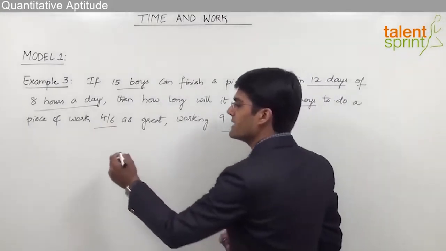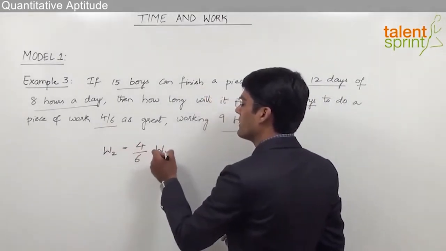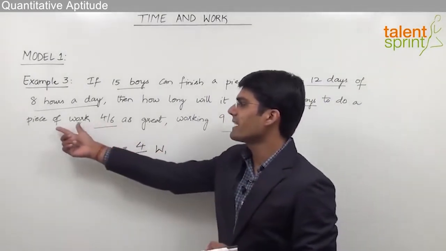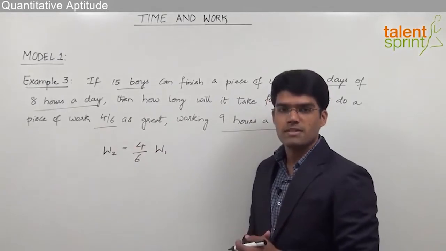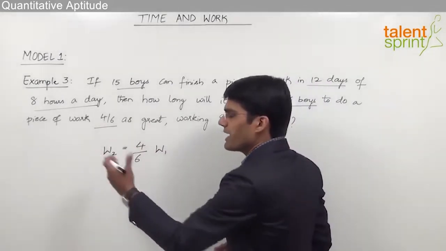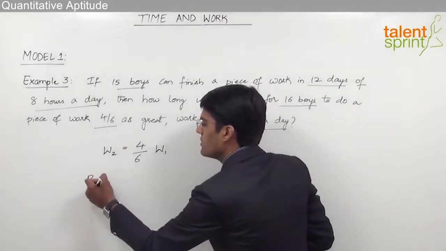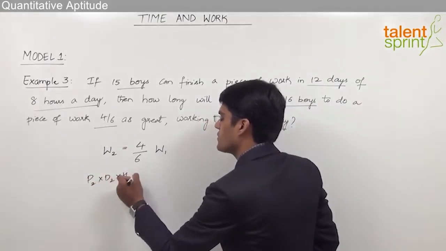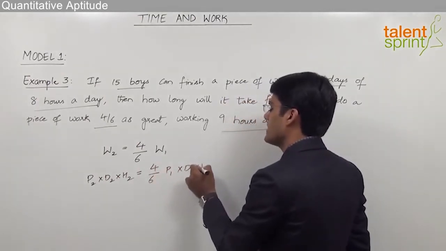So here we can say that W2 is 4 by 6 times W1, as it is given that the work done in the second case is 4 by 6 as great. That means 4 by 6 times the first work. Now W2 can be taken as P2 into D2 into H2. So P2 into D2 into H2 should be 4 by 6 times P1 into D1 into H1.